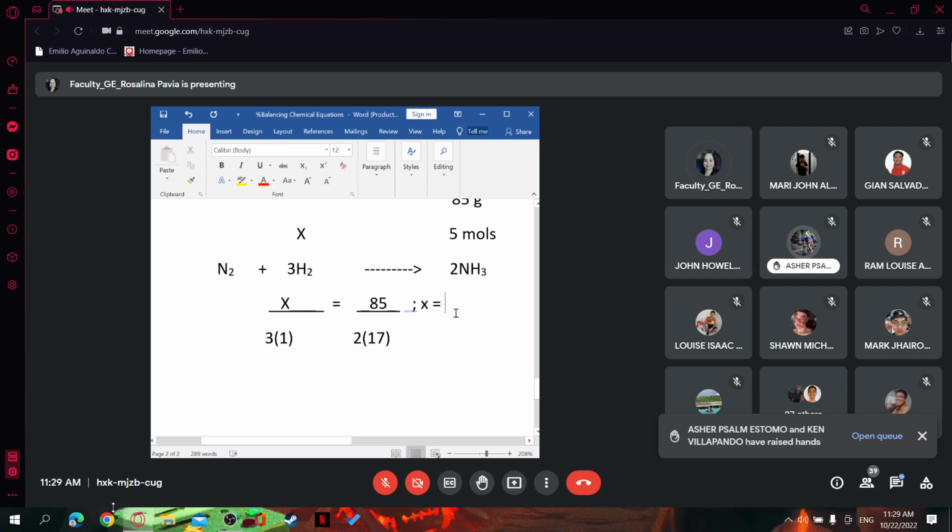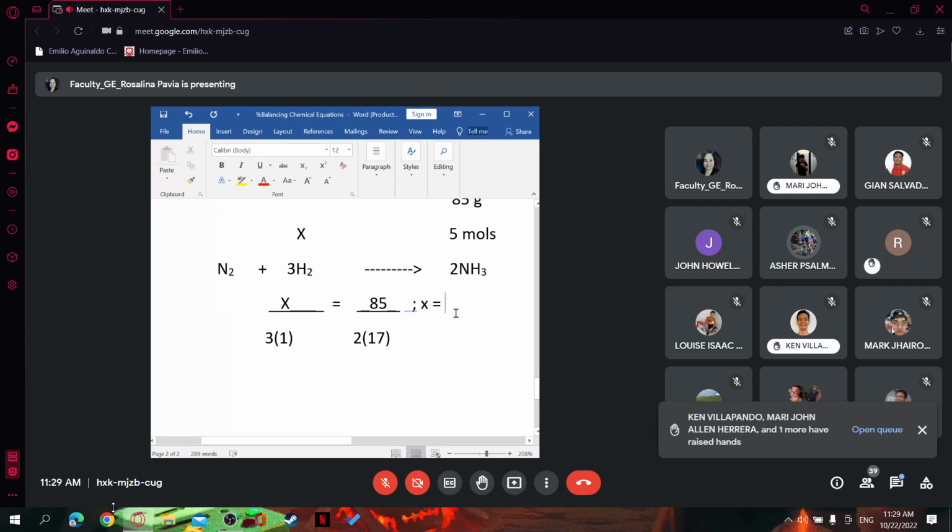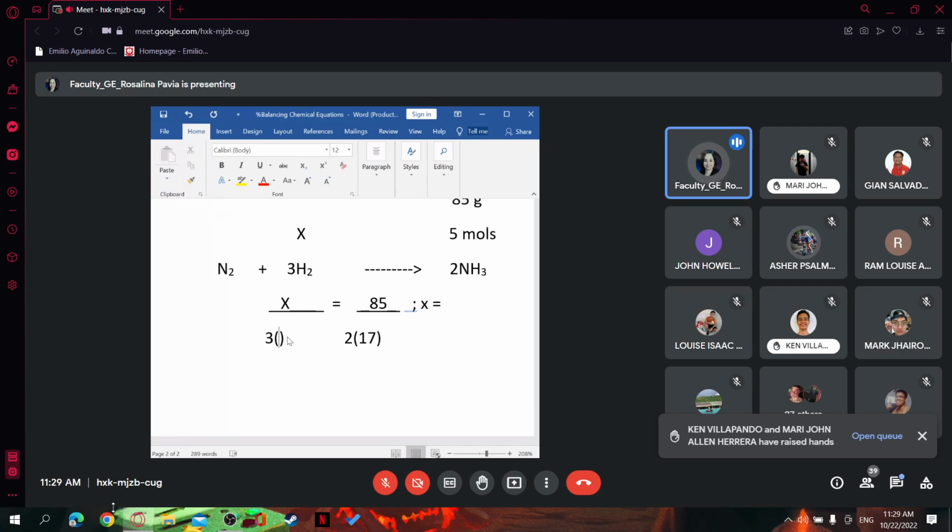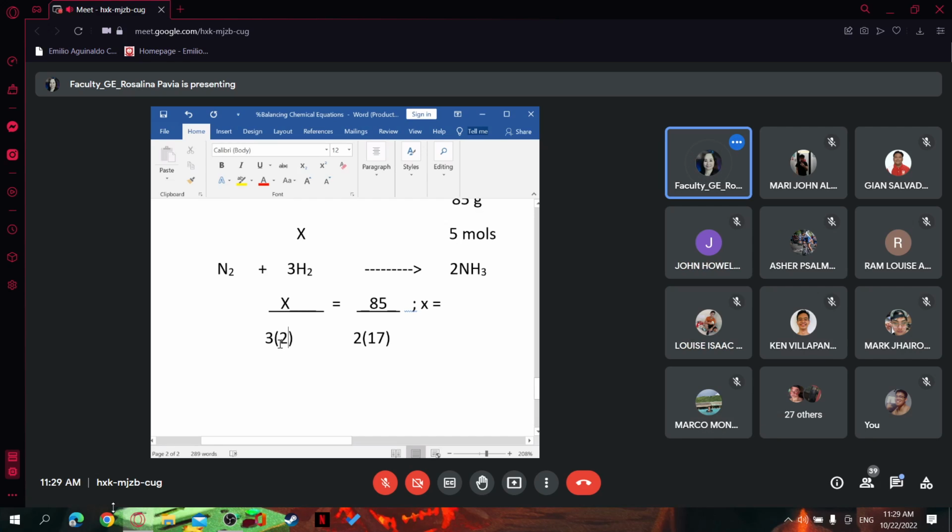3.0? 2 pala ito class, hindi 1. Kasi dalawa yung hydrogen. H2. So, yung mass niya, yung atomic mass niya, 2 rin. So, ilan?